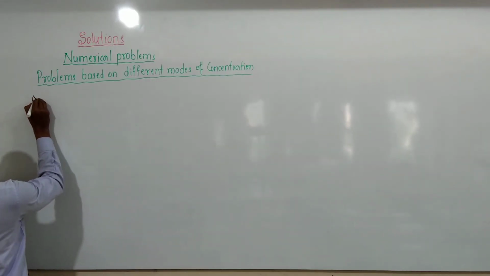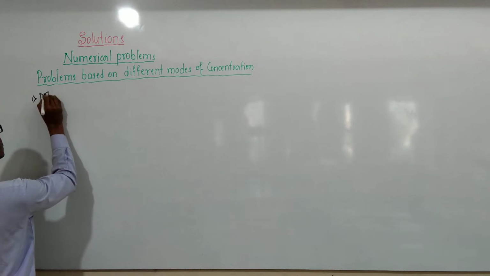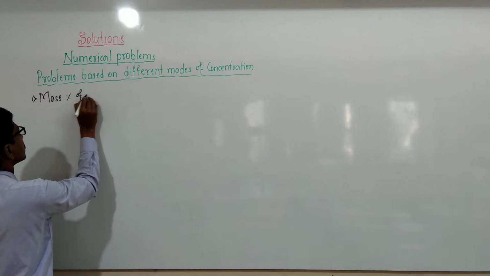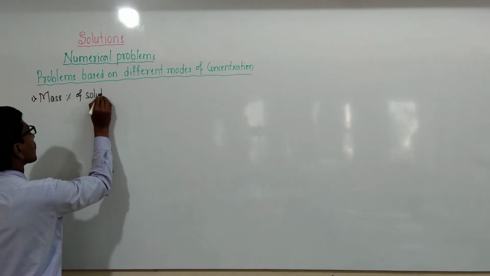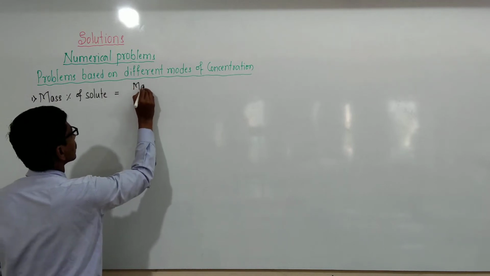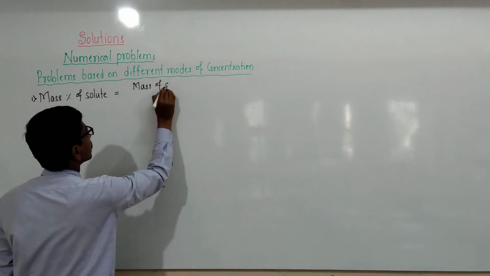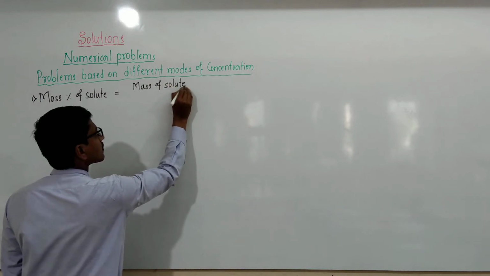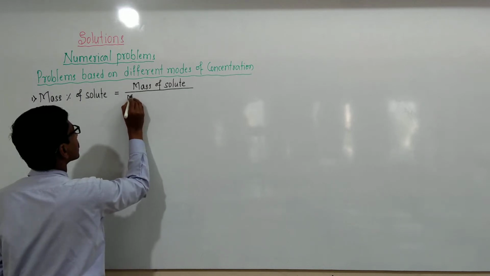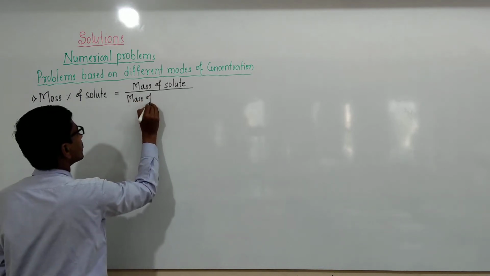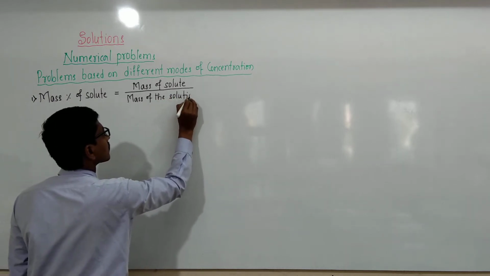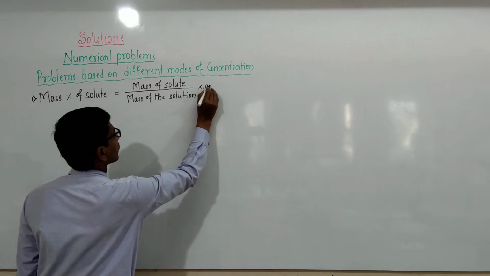First one is mass percentage of solute. This is equal to mass of solute by mass of the solution into 100.